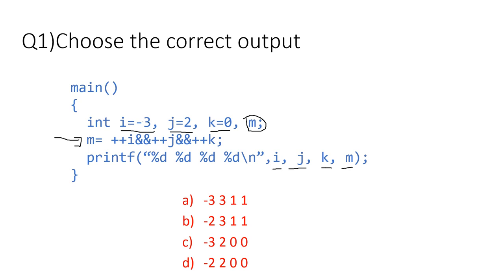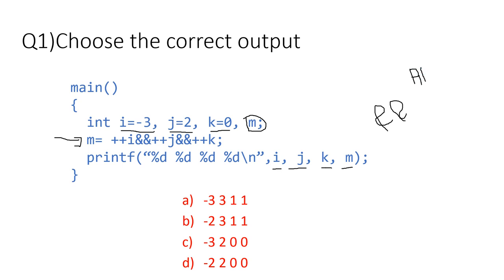In the first line we have initialized the values to -3, 2 and 0. In the very next line, as you know, this symbol, ampersand, stands for the logical AND operator.